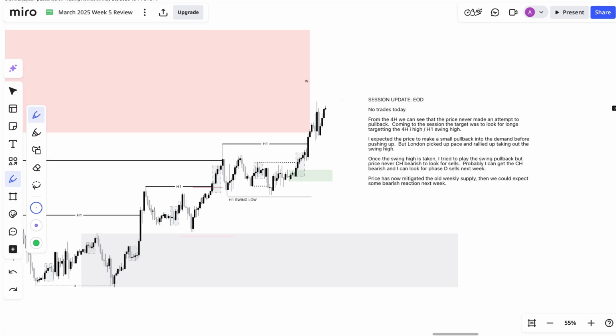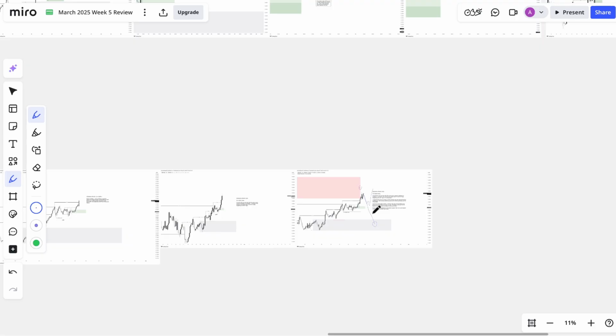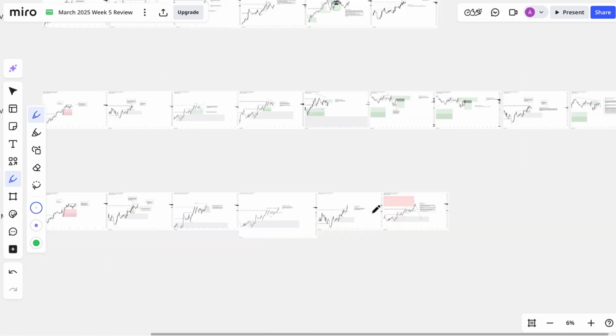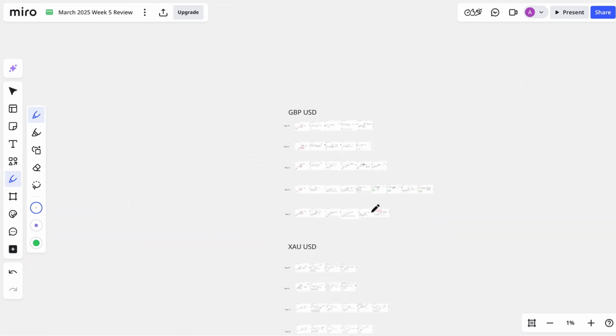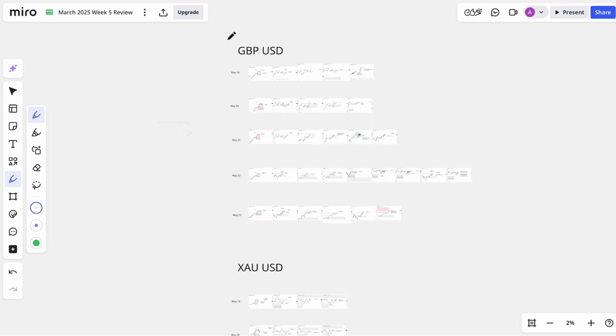So probably next week we can expect the price to make a swing pullback, or at least a chalk bearish, so that price can make a swing pullback and continue to push up. Or since the price had mitigated into the weekly supply, price can push down into the daily demand zones. So two things can happen. So that's the entire story for next week. For now, I just got one losing trade and it's a very good loser.